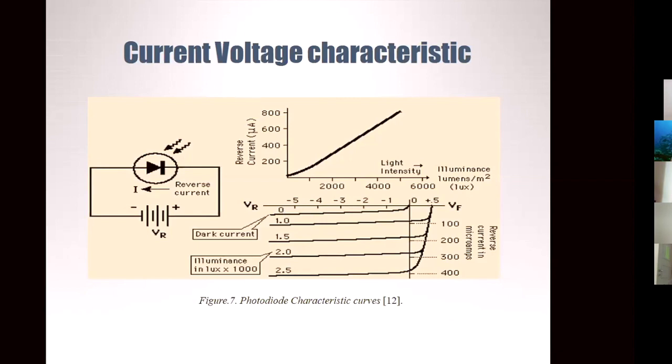But when the light intensity increases, the current also increases. To achieve more current, we need more light intensity to create more electron-hole pairs.